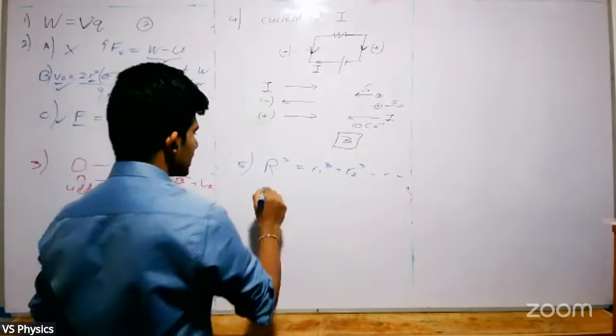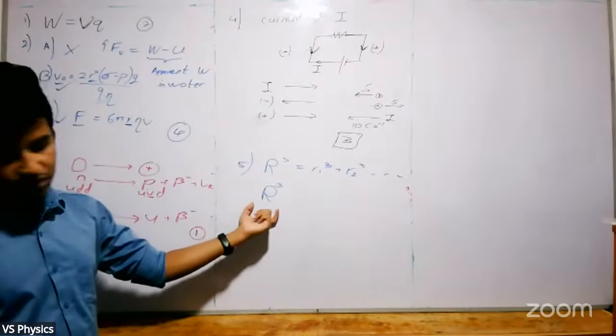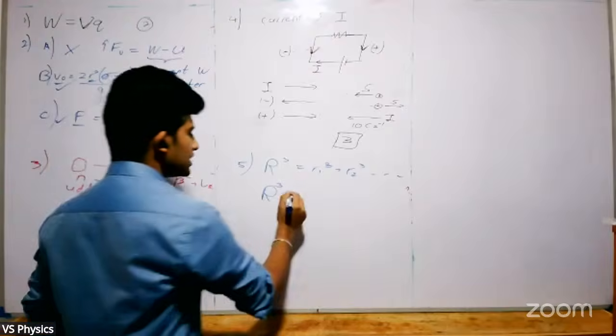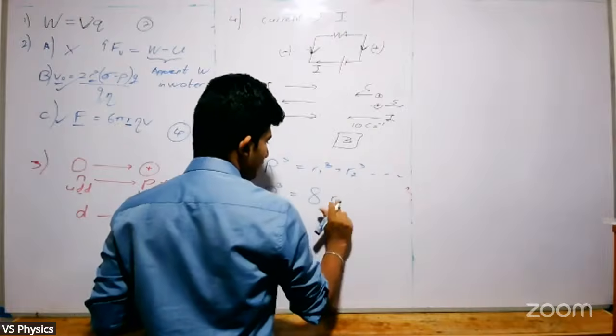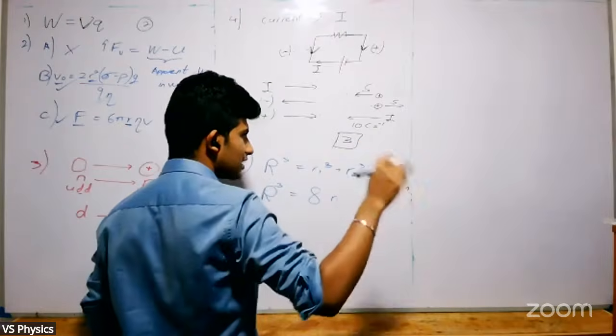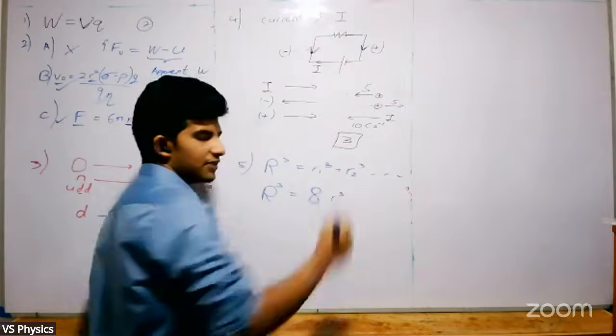Then what has happened? We had a sphere initially of capital R cube. This was divided into spheres of simple R radius, and there are 8 of them.